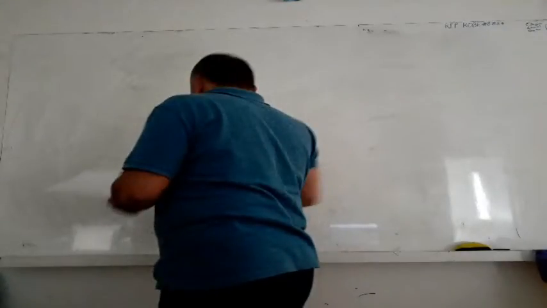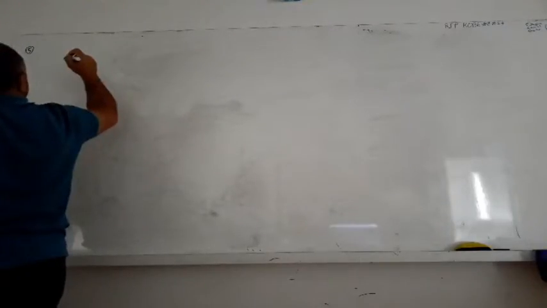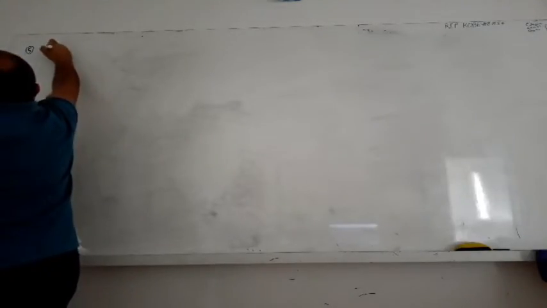Now, question 5 of the questions that I sent you before the video came. y is equal to x squared minus k times root x.